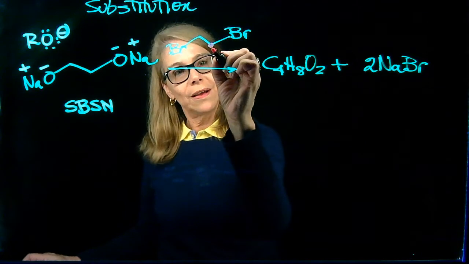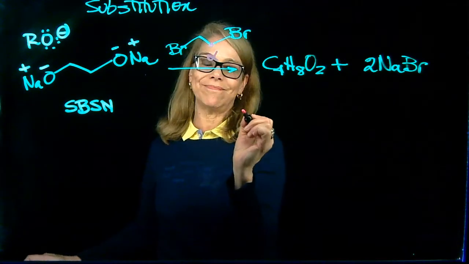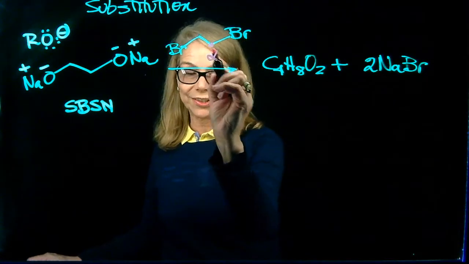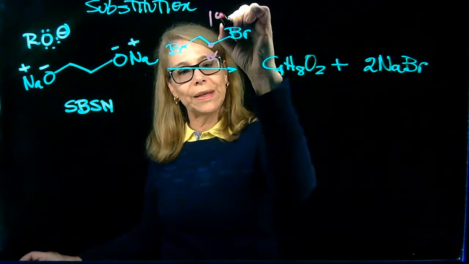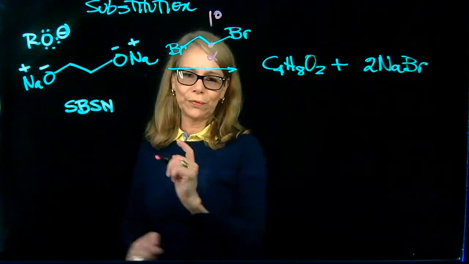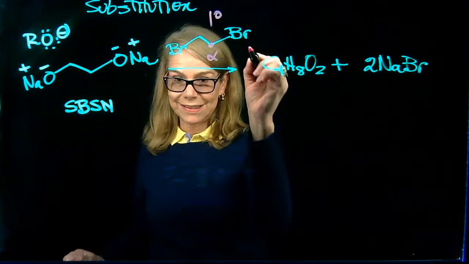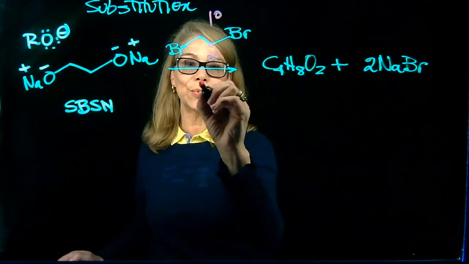So this is my alpha carbon, and it has attached one alkyl chain. So that's a primary alkyl halide. Same goes for that. So those are excellent for SN2 reactions.